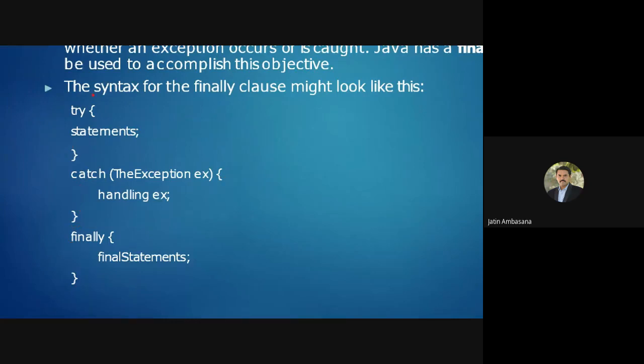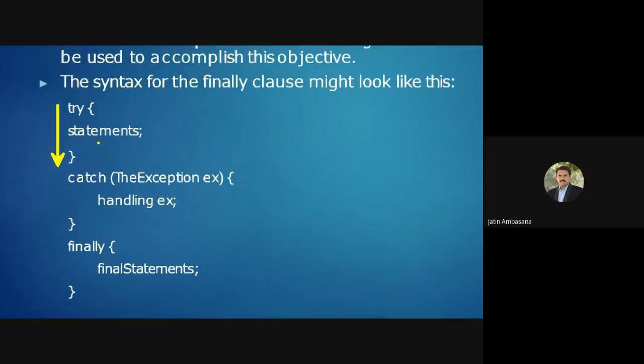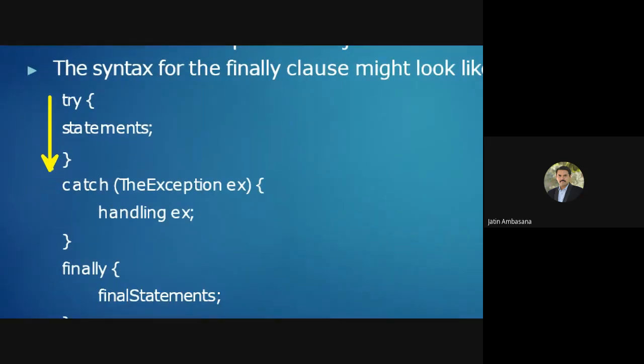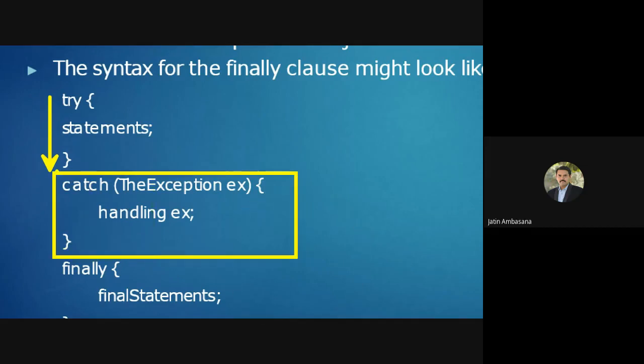But if you don't have an exception, then what occurs? We execute the try statements. Okay, statements inside the try block get executed. Now, since there is no exception occurring, there is no need of going to the catch. So what happens?